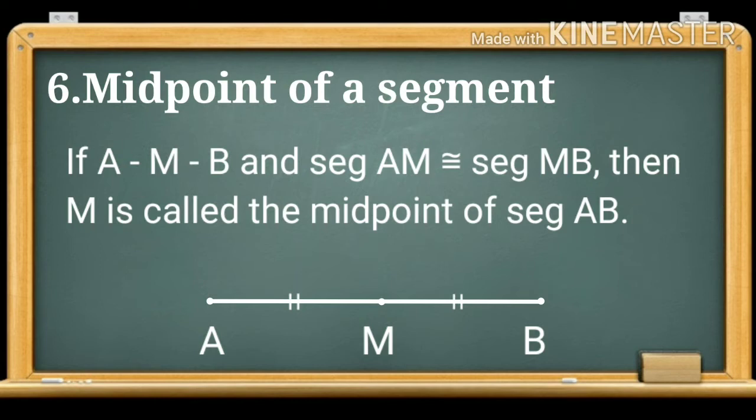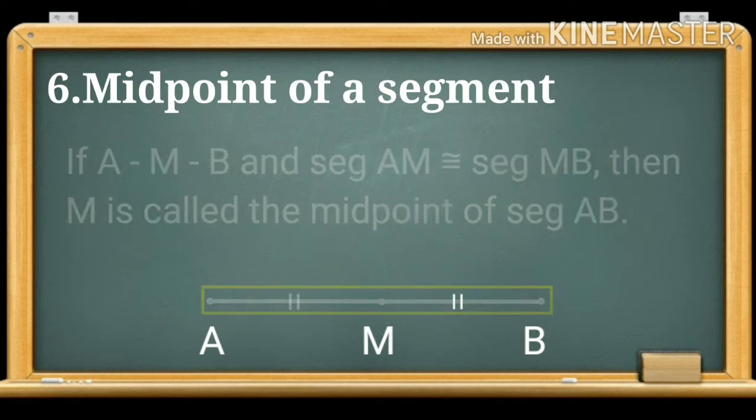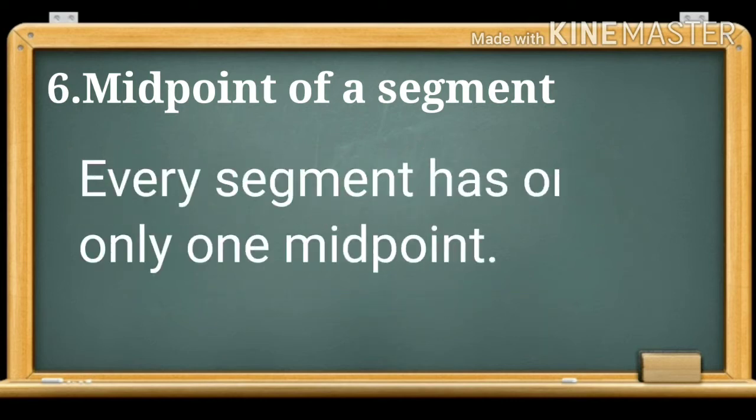In this figure, point A, point M and point B are collinear, and length of segment AM and segment BM are equal. That means segment AM congruent to segment MB. Therefore, we can say that point M is midpoint of segment AB. Note that every segment has one and only one midpoint.